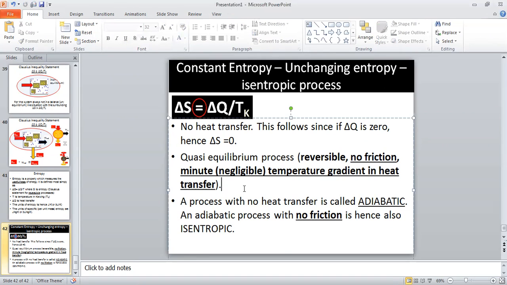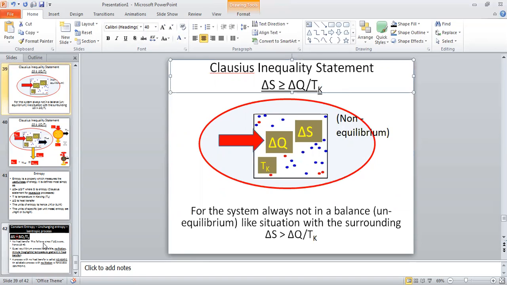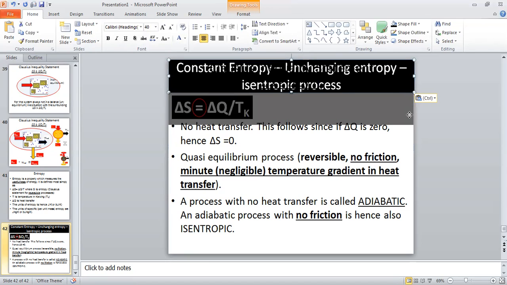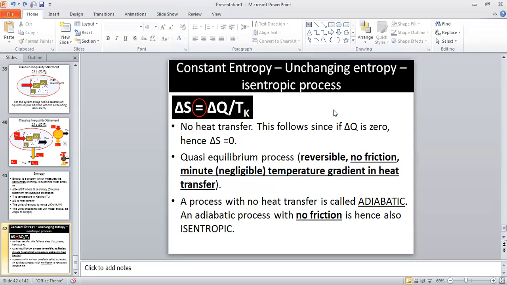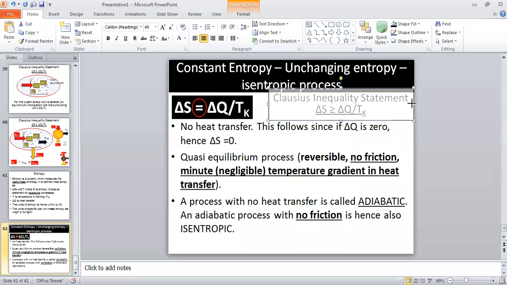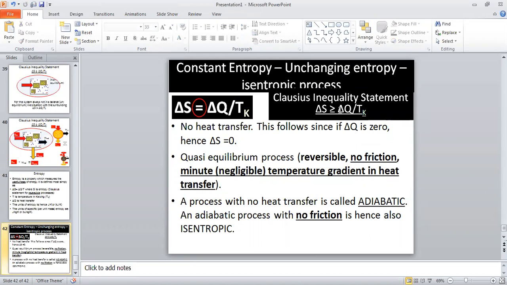Okay, so delta Q is 0. So only being 0 is not enough, because if you take this Clausius inequality statement, see, delta S is greater than or equal.